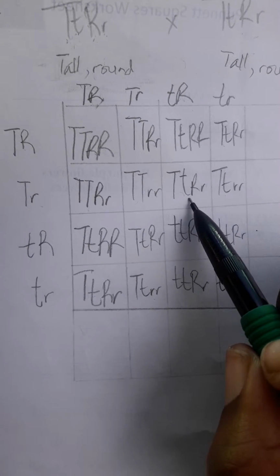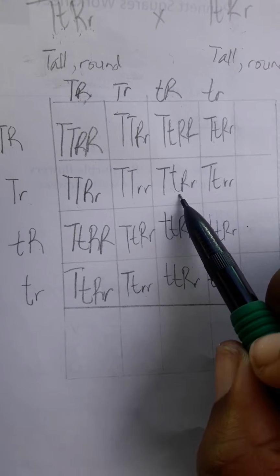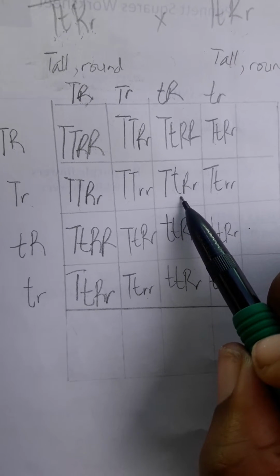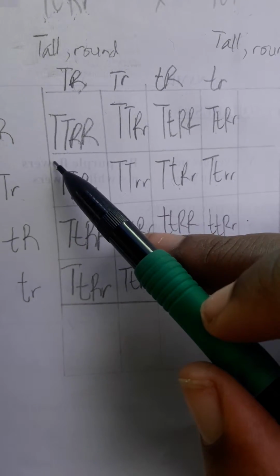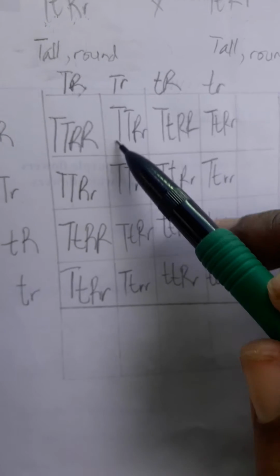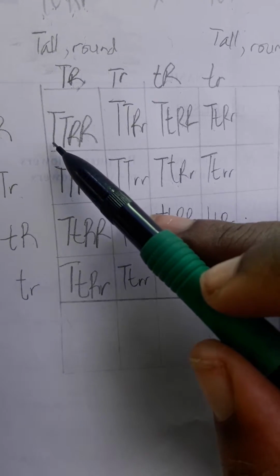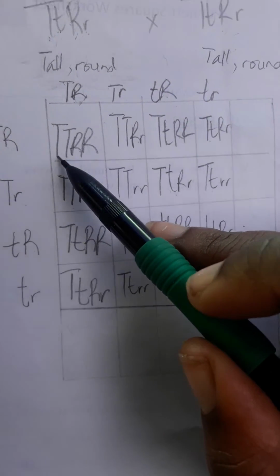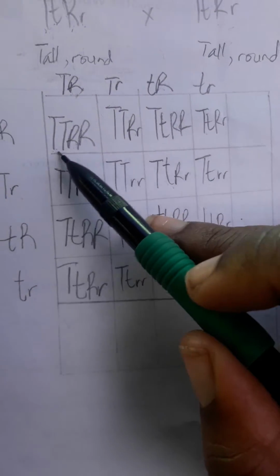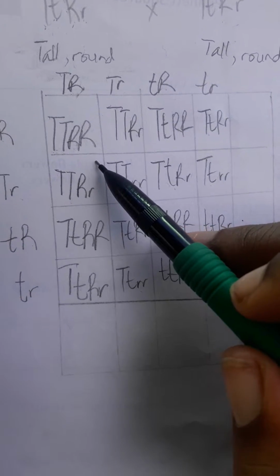No. I'm wondering, am I doing it right? No, I'm not doing it right. Remember, it has to be a capital T and a capital R. You can't just look at the T's. Alright, so let's go again. This is 1 because it has capital T, capital R, tall and round, because remember the dominant allele will mask the recessive allele.